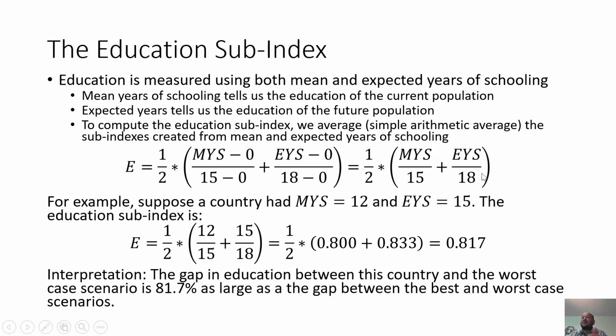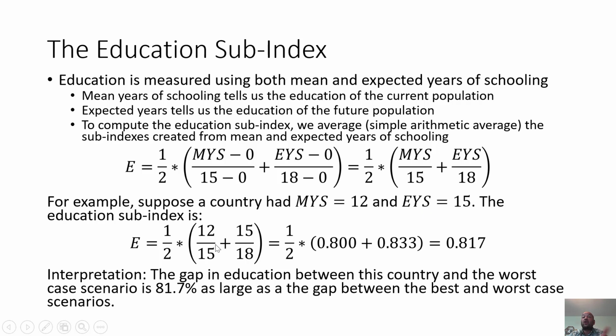This simplifies down basically to the average of mean years of schooling over 15 and expected years of schooling over 18. So basically you add those two difference ratios together and then divide by 2 or alternatively multiply by 0.5, right? So for example, let's say a country had mean years of schooling of 12 and expected years of schooling of 15.